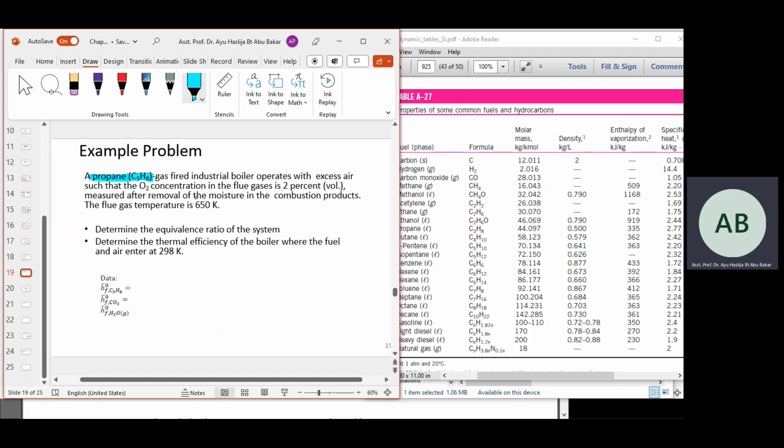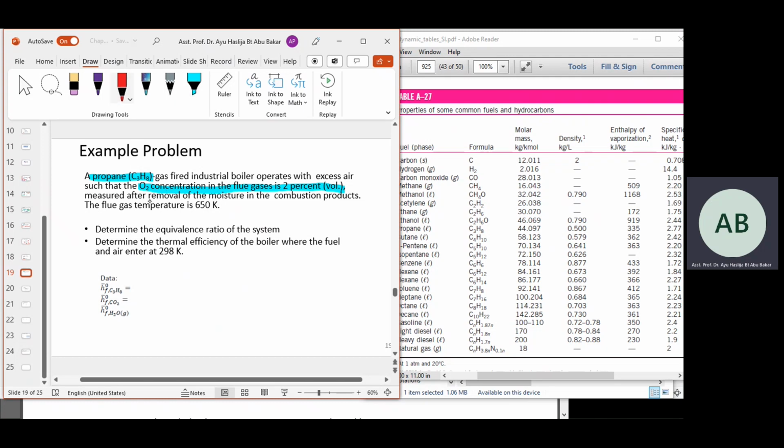It operates with excess air. O2 concentration in the flue gases is 2%, okay, measured after removal of the moisture in the combustion products.